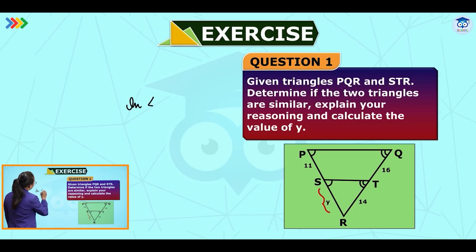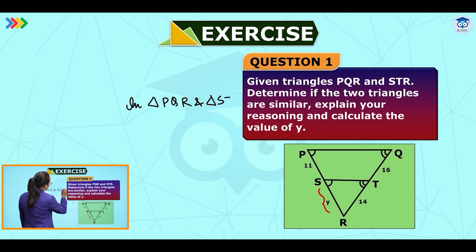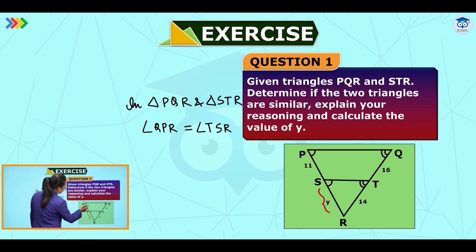So in triangle PQR and triangle STR, what do we know from here? We know that angle P, that is angle QPR, is equal to angle TSR because it is given that it is equal. See here, one angle symbol represents these two are equal, the double represents these two are equal.